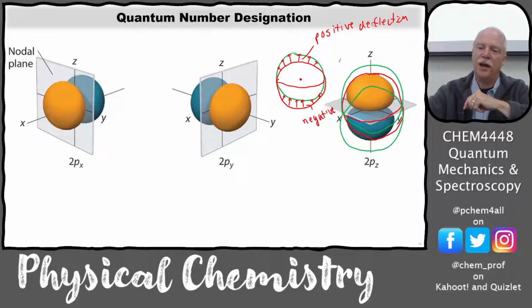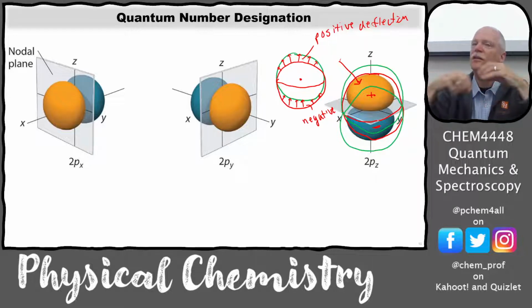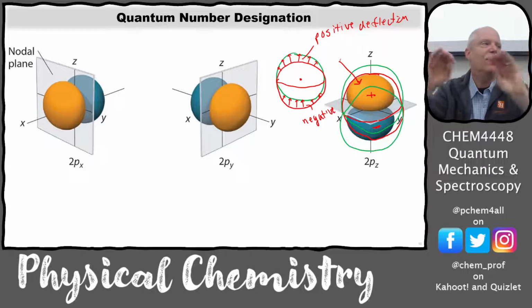I get this thing right here, where this is a positive and that's a negative. And we're plotting the deflections in all the angles, all the distances. Notice the node is 0 because there's 0 deflections there.